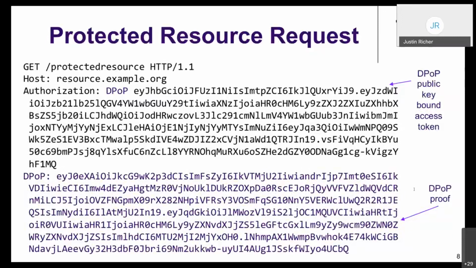It does not change what is in your access token. All it requires is that the RS is able to figure out which key it needs to know about in proving the access token. That's how they're bound. And DPoP doesn't actually dictate how you do that. Instead, it provides a couple of interoperable patterns that you can use, based on existing standards that are already well established for bearer tokens.